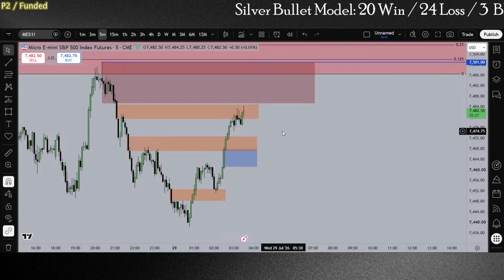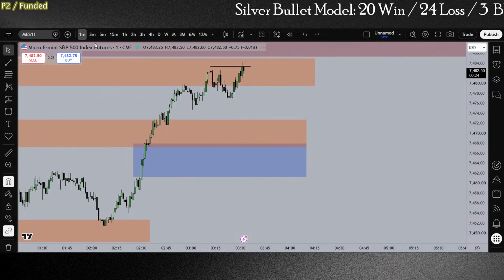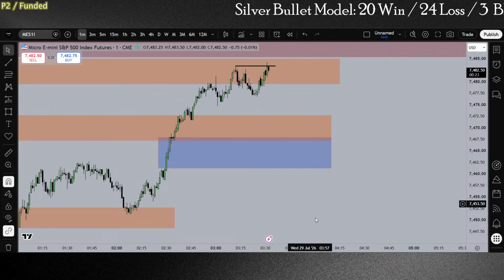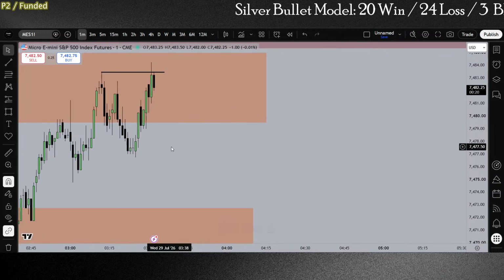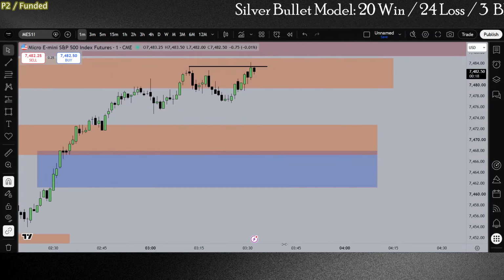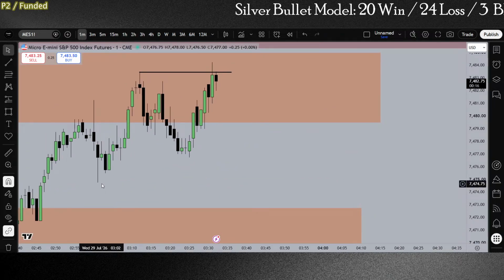So we'll see. But nonetheless, I don't have a setup by any means right now. I'm just watching price, seeing how it develops, but I don't have a setup at the moment.